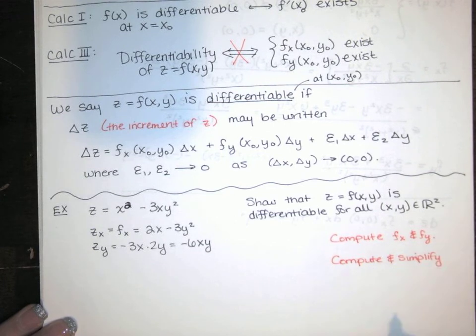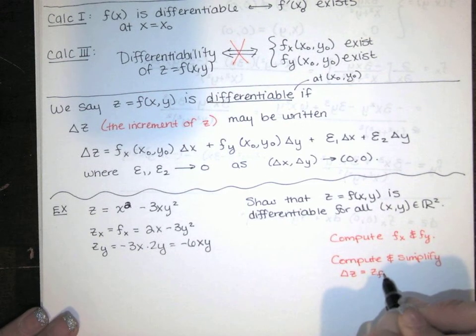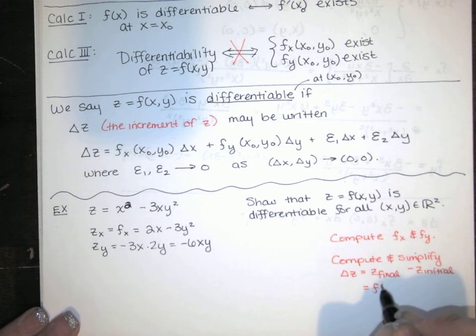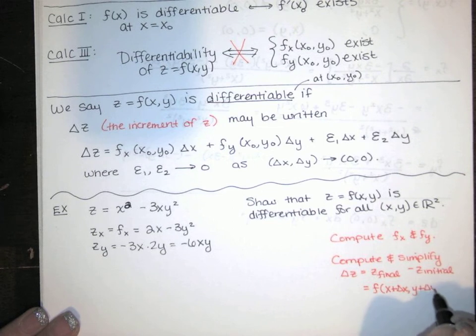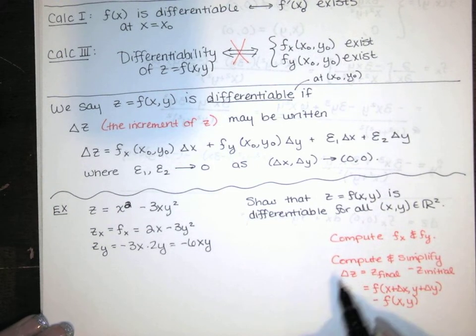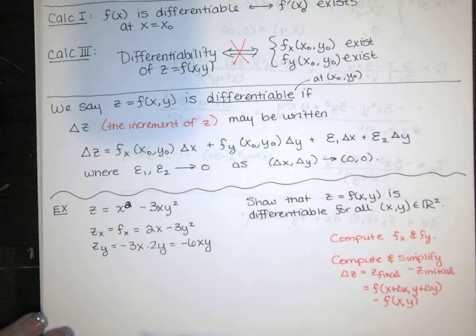Basically, we're going to rewrite the increment delta z. And remember, this is the z final minus z initial. And z final is f of x plus delta x, y plus delta y. Z initial was just f of xy. So we want to simplify this and show that this can be written this way.